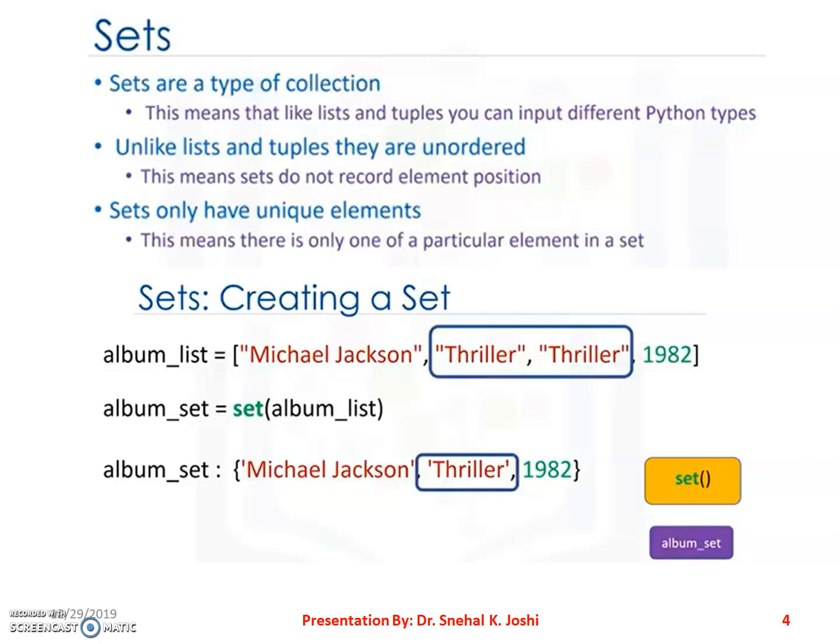Well, a list can be converted to a set using the set function, but a set cannot contain duplicate values. Like here, we converted a list containing the duplicate value thriller to a set, but when we convert it to a set, it will have only one value. The set function is used to convert a list to a set.